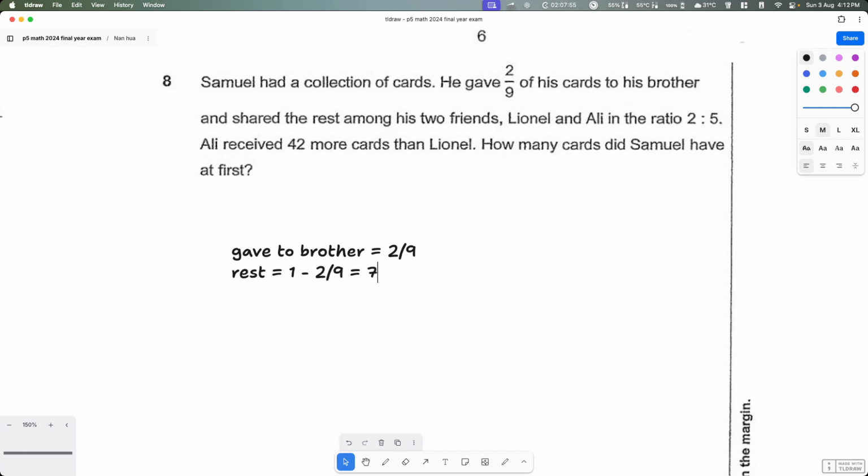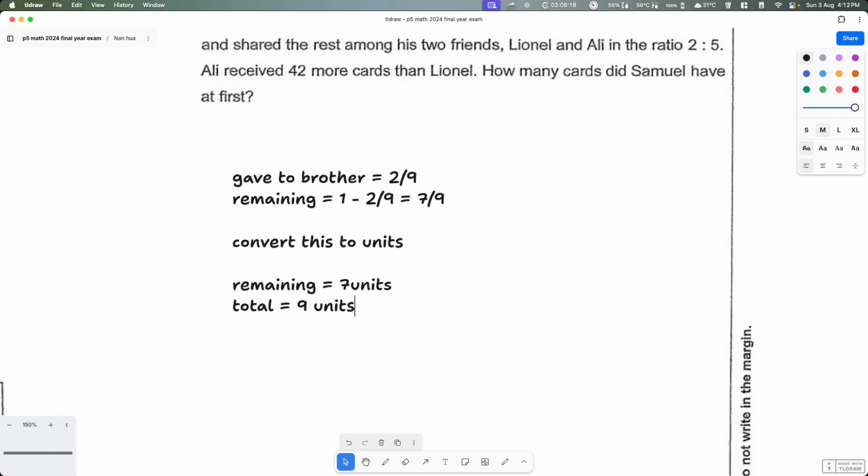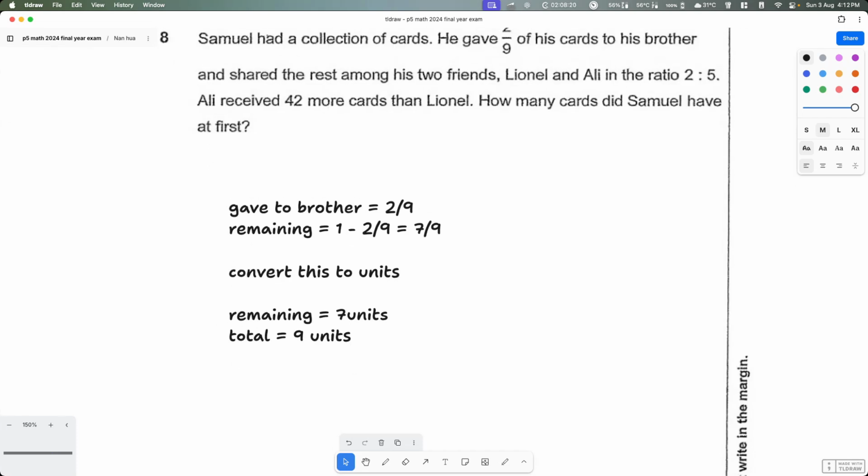This will become 7 over 9. So, convert this to units. That means 7 is the remaining. Remaining equals 7 units, and then total is 9 units over here.